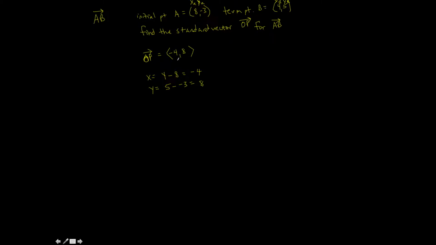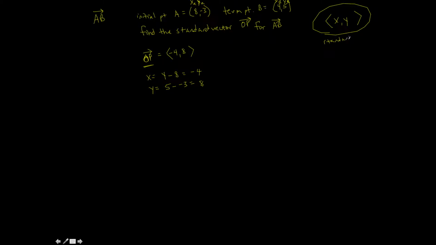And essentially, folks, let's make sure we're getting this straight, because I don't want you to be confused. I know it's easy just to plug in and get this. This is not hard, just plugging in a formula. But I want you to understand the formula, because OP here, when I was writing this to describe our AB, this is essentially giving us the standard vector.